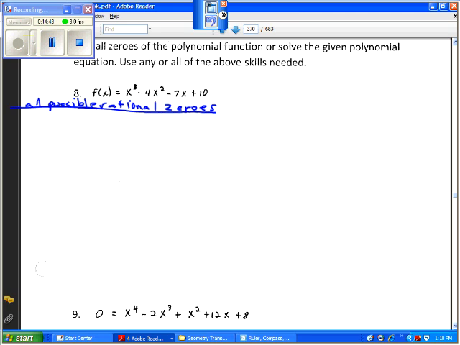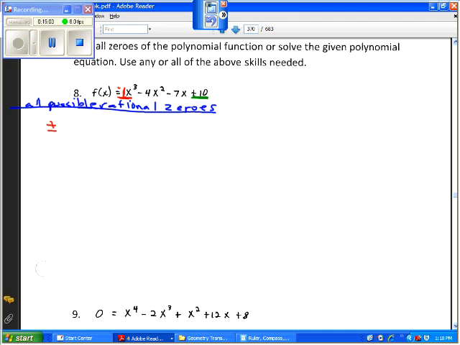How do we find all possible rational zeros? The leading coefficient is 1. The constant is 10.